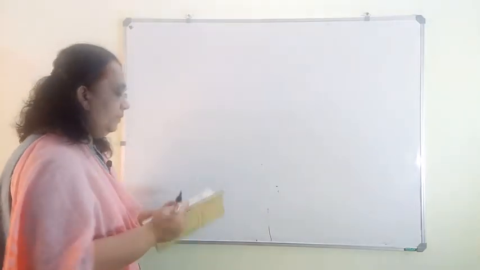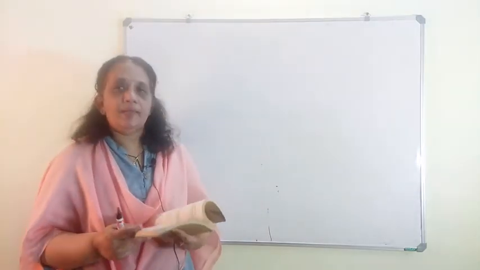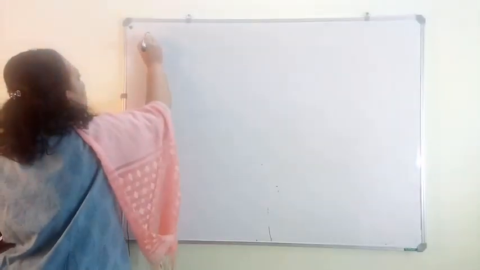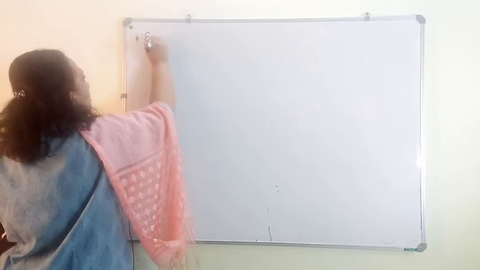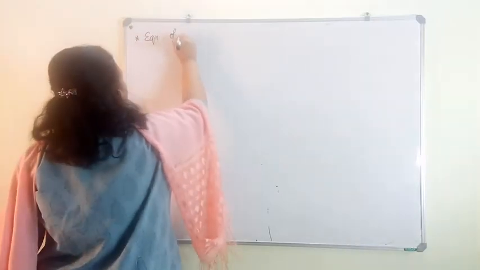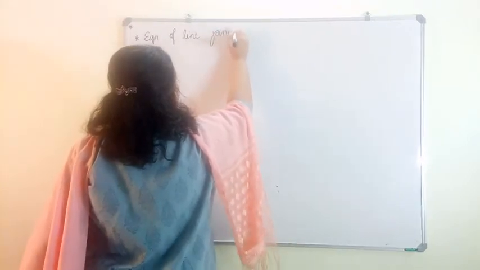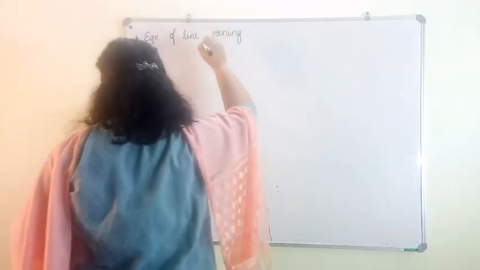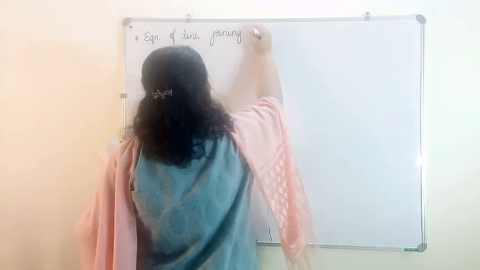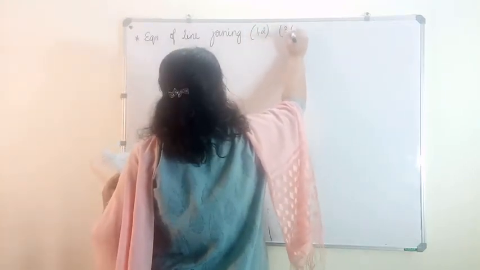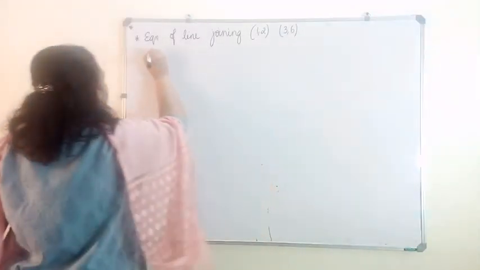Another question. Take down the question. Find the equation of the line joining the points 1, 2 and 3, 6 using determinants.